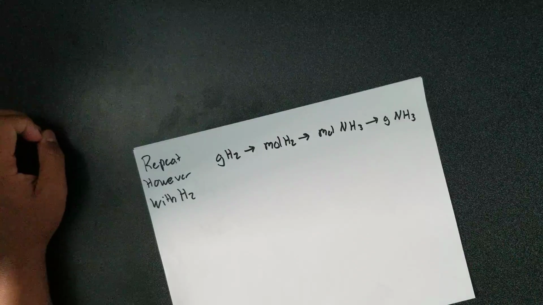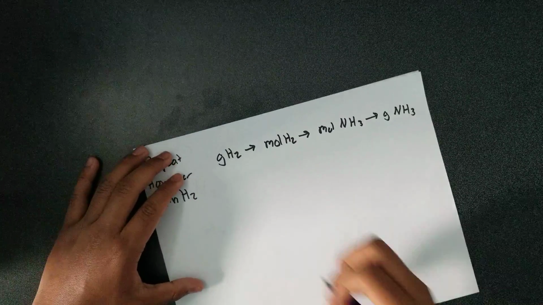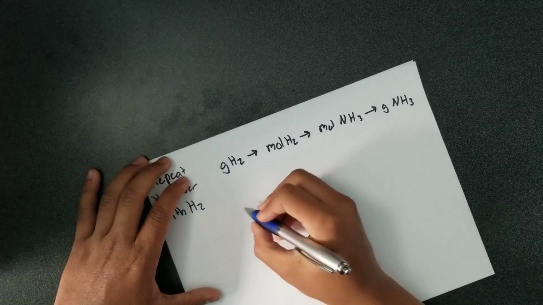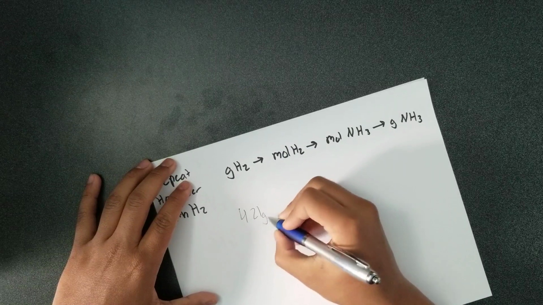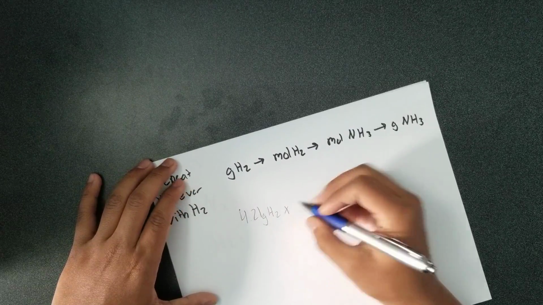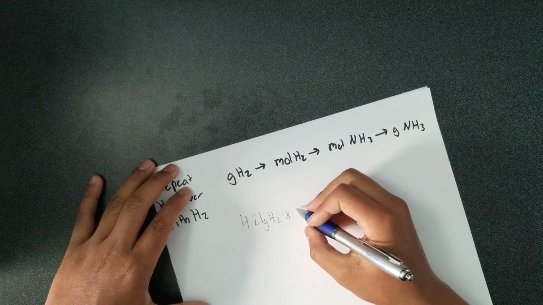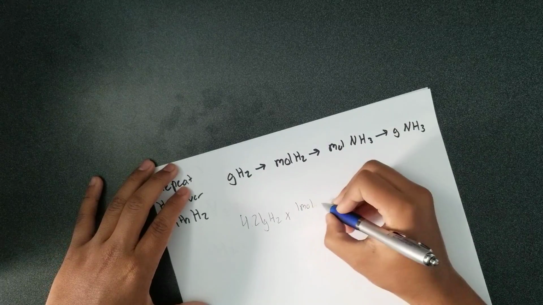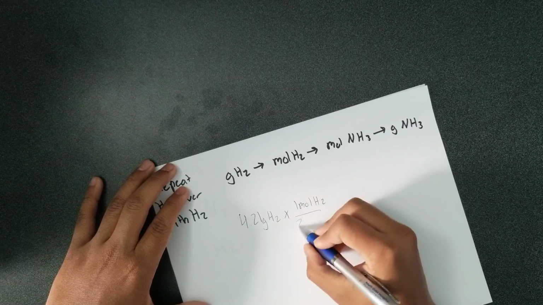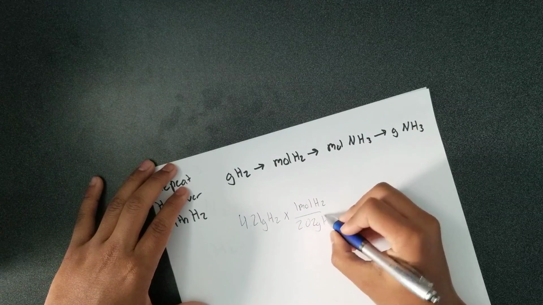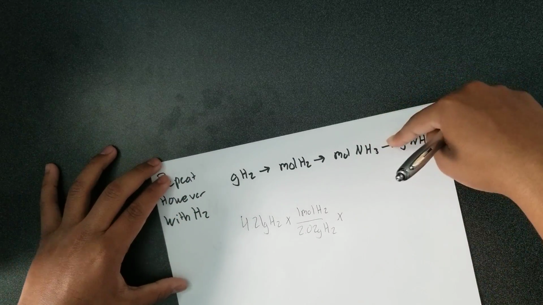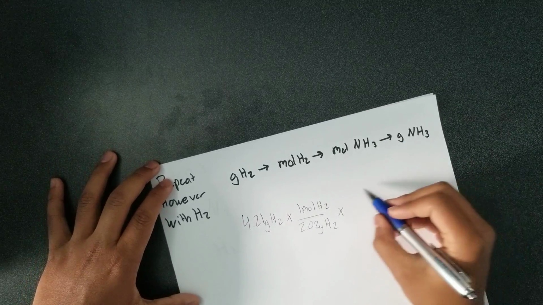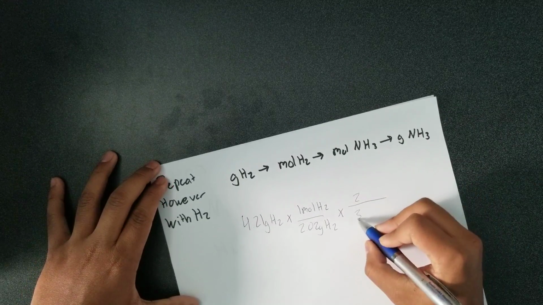Let's move on. We're going to repeat the same process we did on the previous page, however, with H2. So we're going to use the 4.21 grams they gave us in the word problem on this third page times the molar mass, which is 1 mole of H2 over 2.02 grams of H2, times the mole ratio of NH3 to H2, which is 2 over 3.